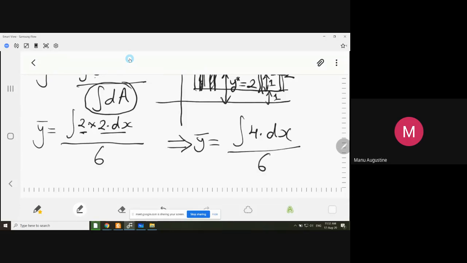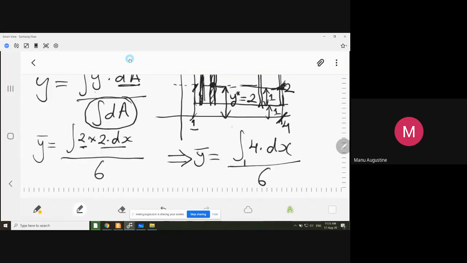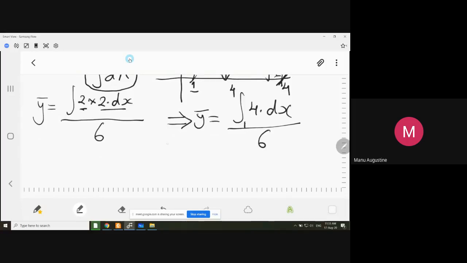What are the limits? Again, the area is made to travel from the leftmost edge to the rightmost edge. So what is the coordinate of x here? This is 1. What is the coordinate of x here? This is 4. So again the limits are 1 to 4. Now let us solve this quickly. 4 dx will give you 4x, 1 to 4, upon 6.